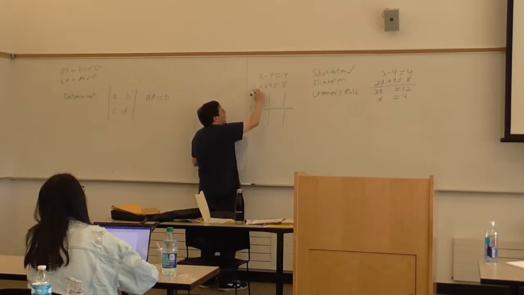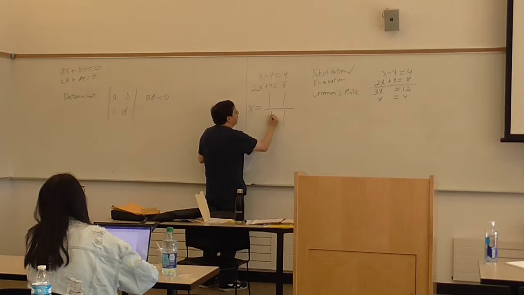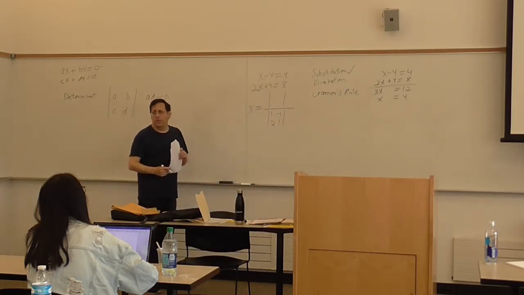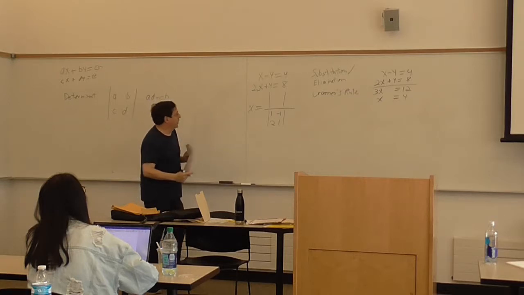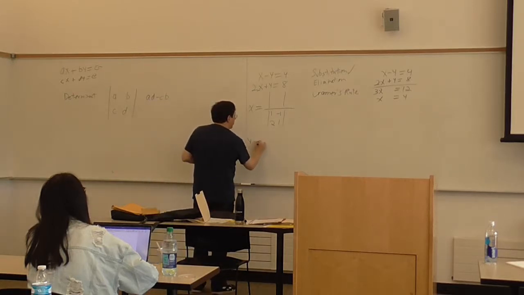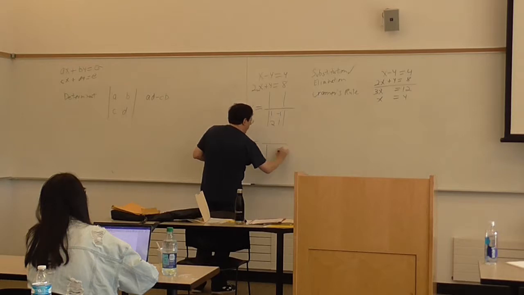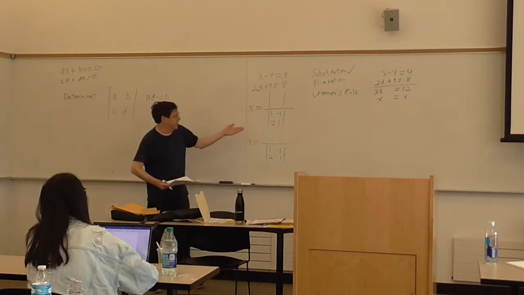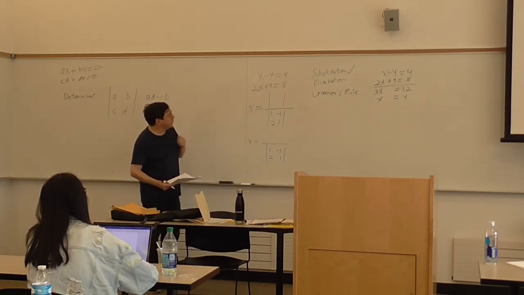And then I just look at the numbers here. The coefficient of x here is 1. Coefficient of x here is 2. Coefficient of y here is minus 1. And the coefficient of y here is 1. So that's the determinant of the denominator. For y, it's going to be exactly the same, which means when I figure out y, I can use the result here.